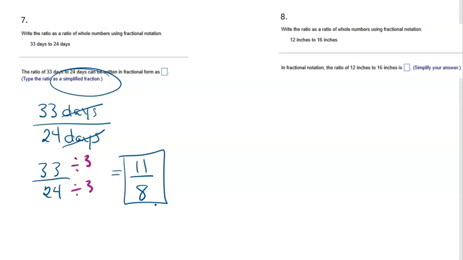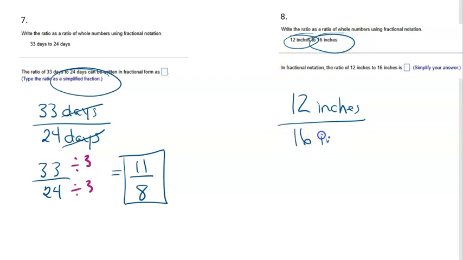Let's try 8. Very similar, same directions. So I've got 12 inches divided by, so remember the first value listed is your numerator. The second value listed is your denominator, 16 inches. Inches cancels. That's exactly the same unit. It's like dividing 1 inch by 1 inch. And that just cancels out, or it gives you 1, is the best way to think about it.